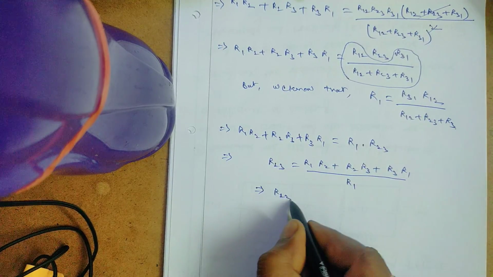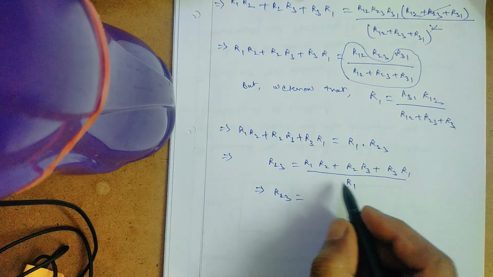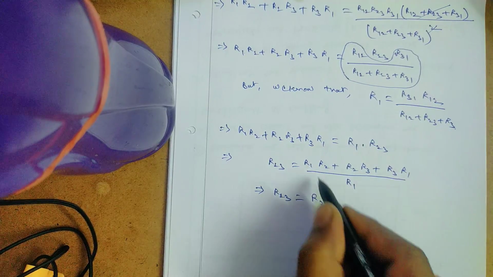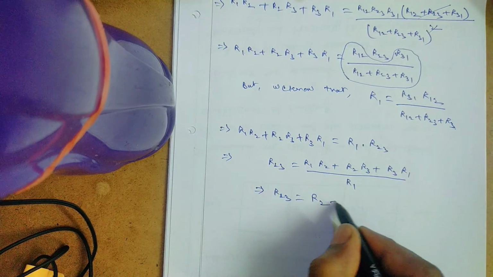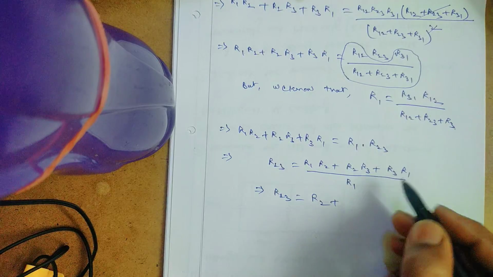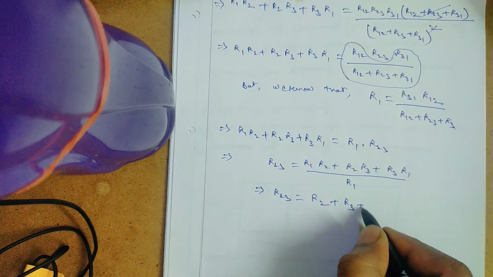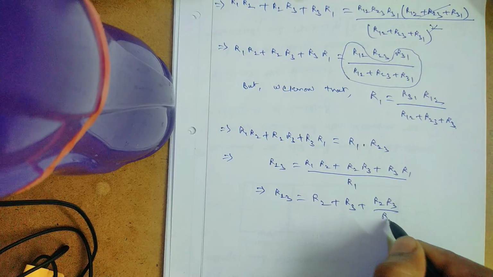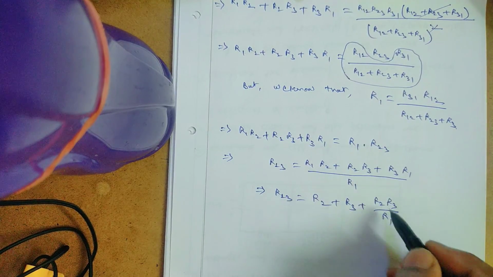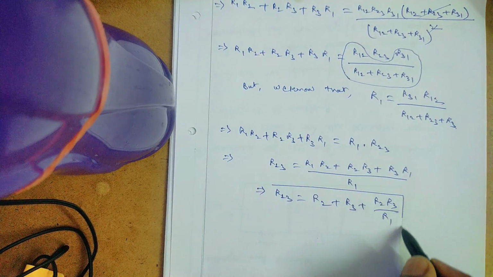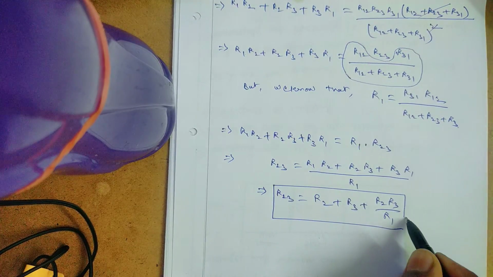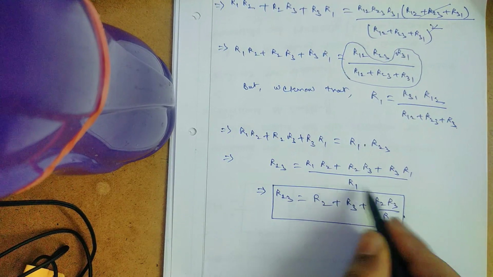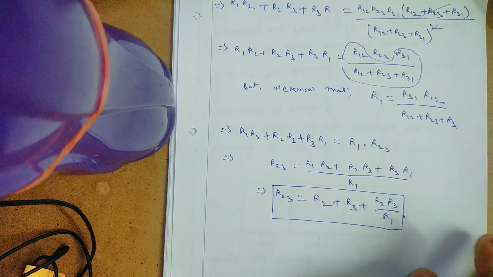Split it and we get R2 plus, here R1 gets cancelled, R3 plus R2 R3 by R1. This is R23, the delta branch, expressed in star branches.